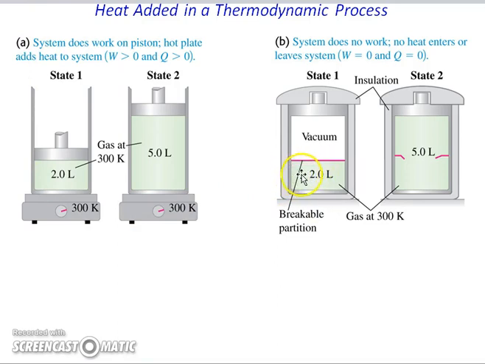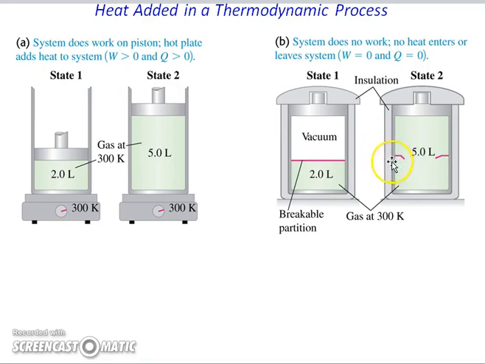The gas undergoes a rapid uncontrolled expansion with no heat passing through the insulating wall. The final volume is 5 liters, the same as in this figure here. Temperature remains the same, 300 K. However, in this process, the gas does no work during this expansion because it does not push against anything that moves.